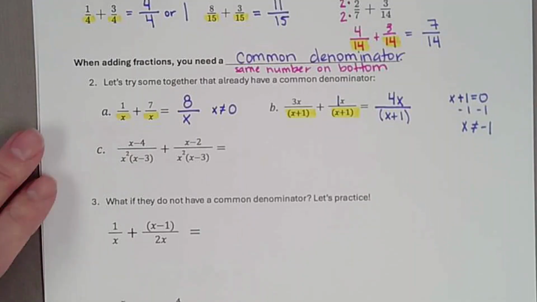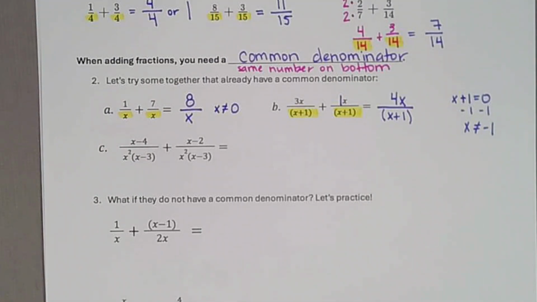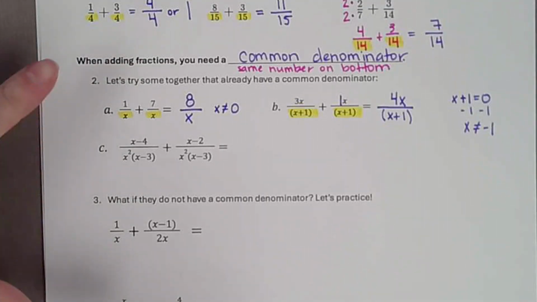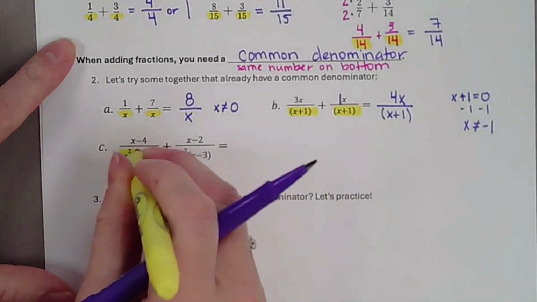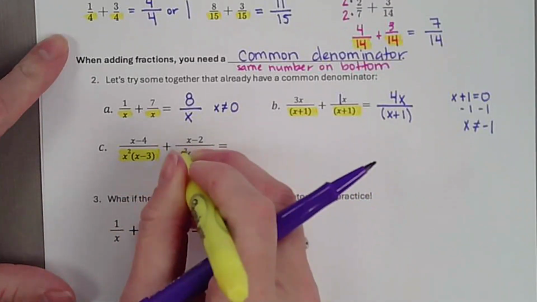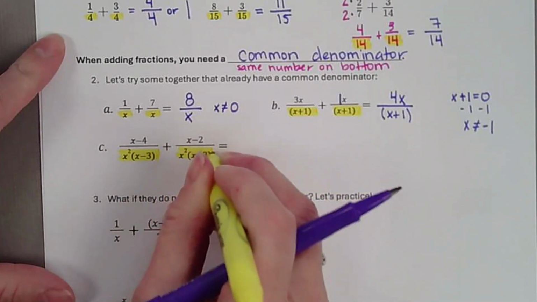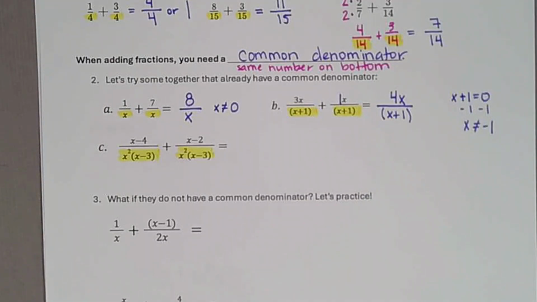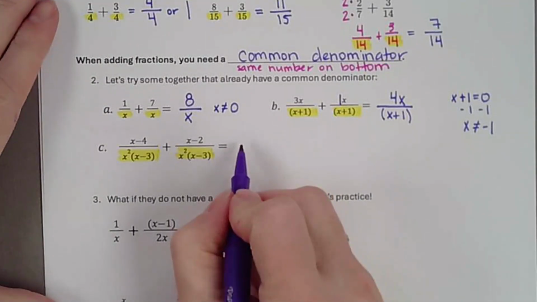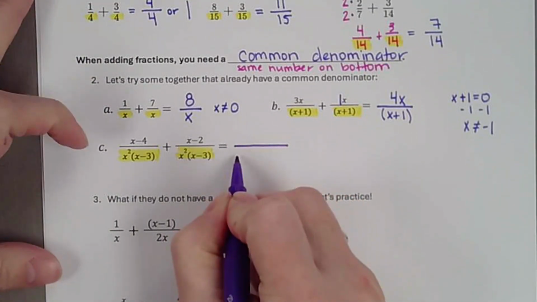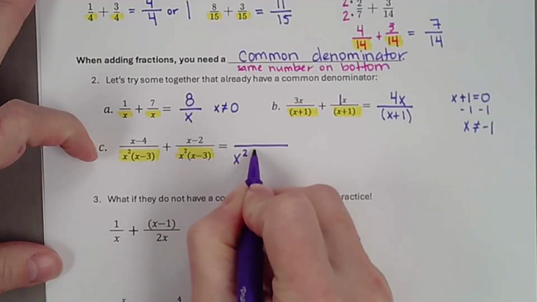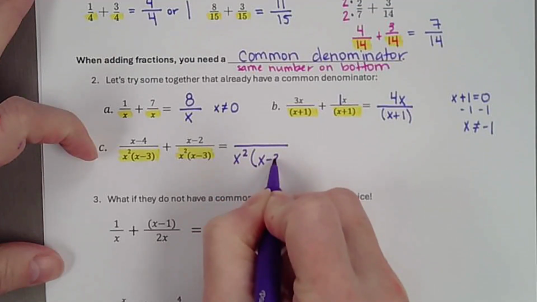One more for this video, and then they do get to be a little bit harder after this. Looking at the denominator, I have an x squared and an x minus 3. I have another x squared and an x minus 3. So my denominators match. That means that I can add them right now. I have an x squared and an x minus 3. Right?